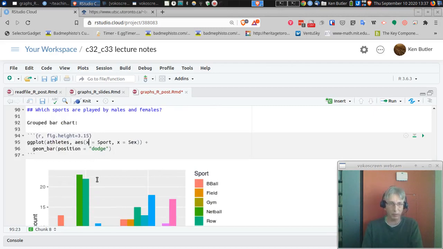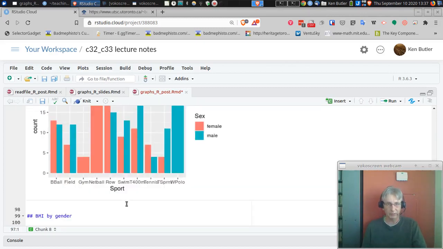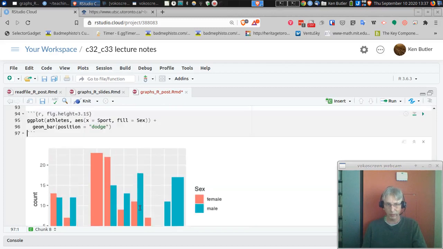I had to play with this when I was putting these notes together. And I thought, well, I don't like the other one. I like this one a lot better with the colors, 2 colors for males and females. If you're distinguishing things by colors, you don't want to have too many colors. So one argument here is to say, well, sex has fewer categories, male and female just 2. Sport has 10, because there are 10 different sports.